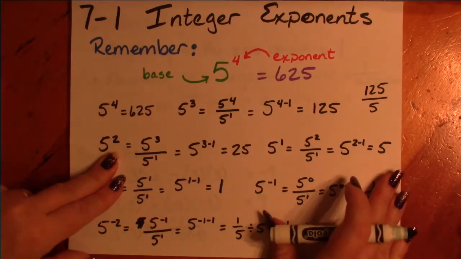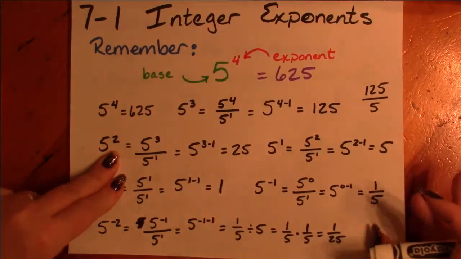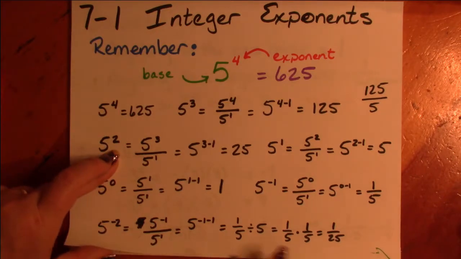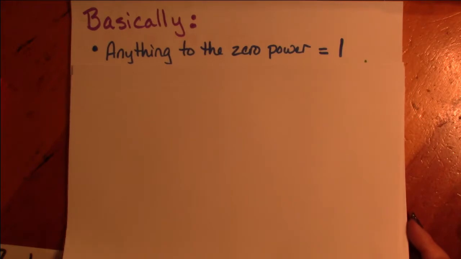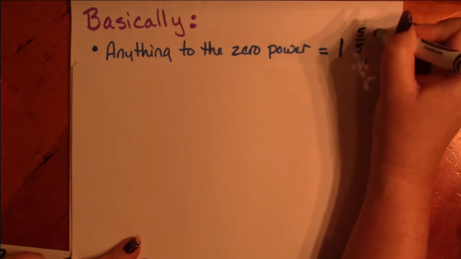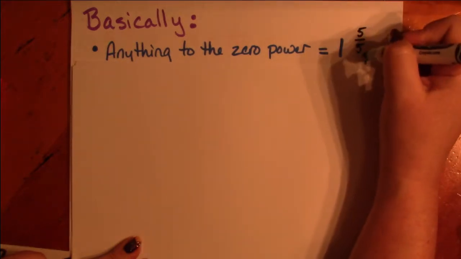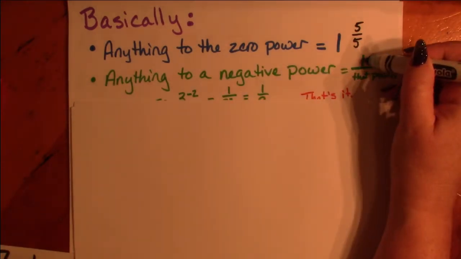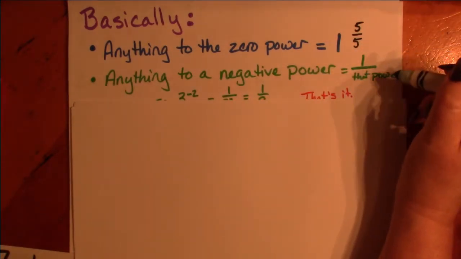What I need you to see, the shortcut to all of this, because this is the logic, this is the algebra behind it, and now we're going to learn the shortcut. Basically, anything to the 0 power is 1 because it's going to be 5 divided by 5 or 7 divided by 7 or whatever it's going to be. And anything to a negative power is going to be 1 over that power.